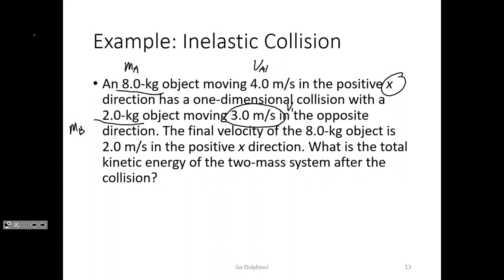Let's call it VB1, the initial velocity of object B. Now after the collision, the final velocity of MA, VA2, is 2 meters per second in the positive x direction. We want to find the total kinetic energy of the system after the collision.